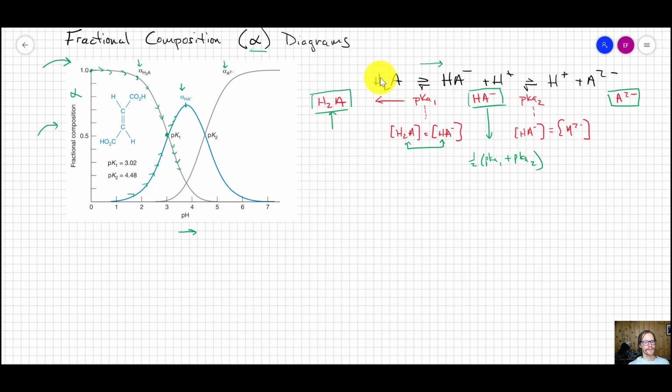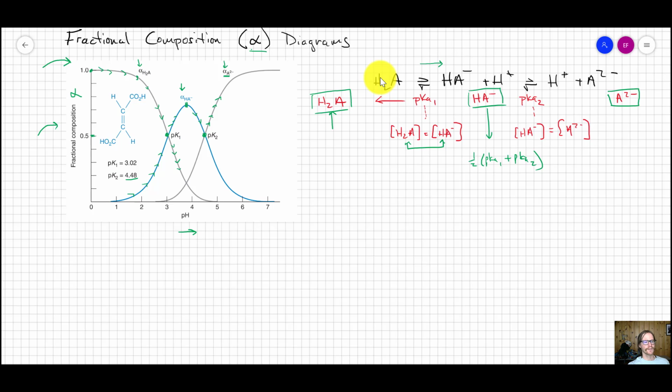Beyond that, we start to shift towards the last species, the A2 minus, the dibasic species, until we intersect those two curves at pKa2. That's when the fractional composition is half for each of those, which means the concentrations are equal. And then as we push further past the pH of 4.48, we're left with a species that's dominantly A2 minus.